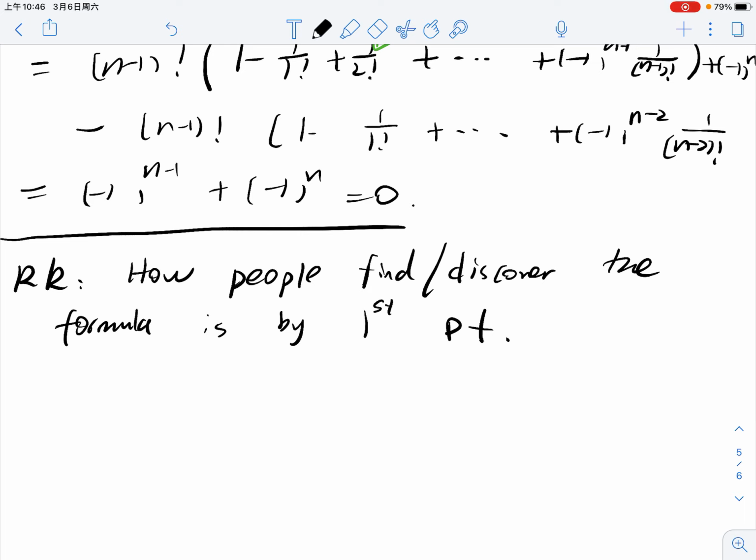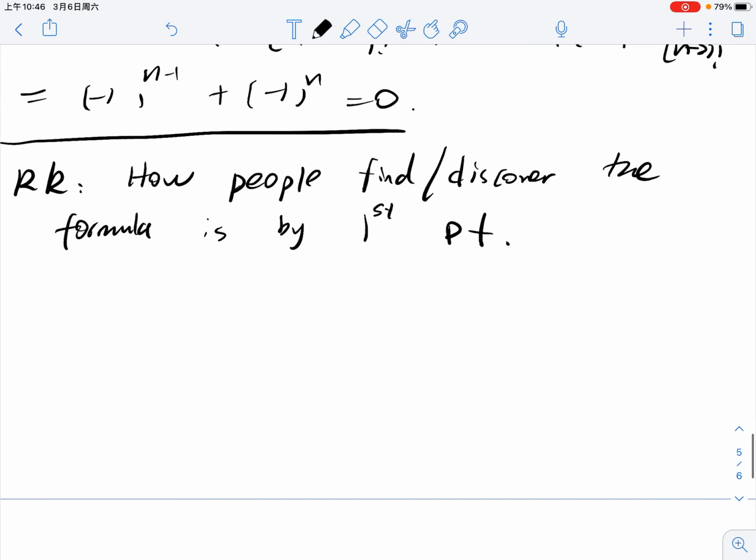So that's the usual way we do research. We use some very stubborn, very naive way to discover something. But when you present it, you choose a different way. It's clear, but it's not the way you really discover it. That's a typical situation when you read papers, journal papers, or textbooks. They present a very clear proof, but that's not how they found it. They are cheating. Other people like it. People like cheating.